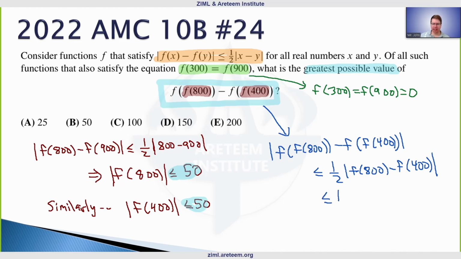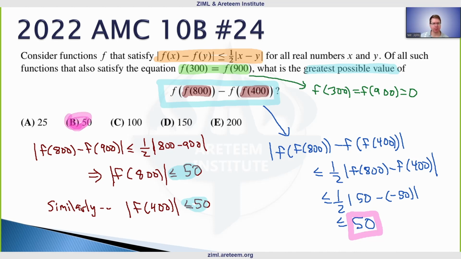So we could have 1/2 of, say, f of 800 positive and then a negative there as well, so 50 minus negative 50. Then this is less than or equal to 50 itself. So this thing has to be less than or equal to 50 in that case, and that's going to give us answer choice B.